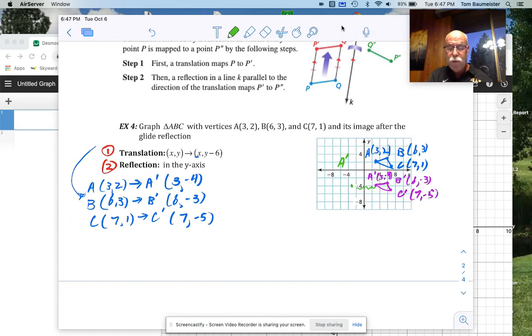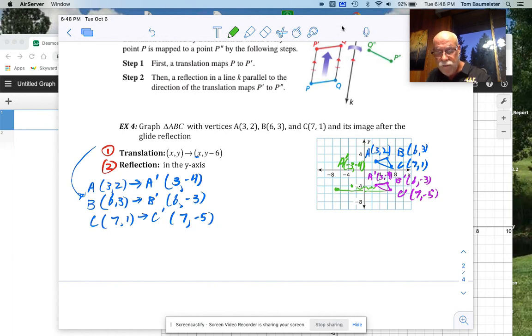And what did my A prime do? It stayed at -4, but our 3 became negative, and our 4 stayed the same at -4. Same thing with 7 and 5. It's taken me 7 to get there, so I'm going to go 7 the other way. The 7 is going to go there, and that's going to be our point there.